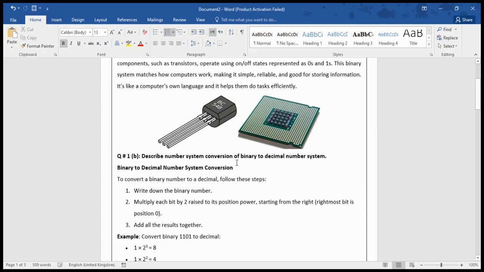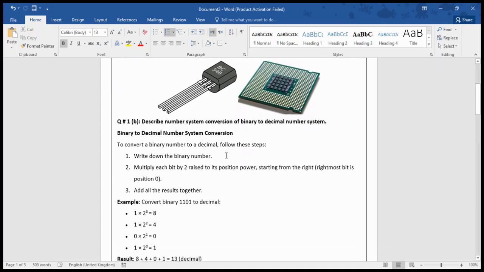There are three language translators: compiler, interpreter, and assembler. These translate our language into the computer language, which is binary, and then when the computer processes that and gives us the output, it again translates into our language.